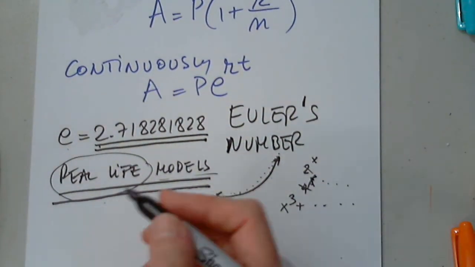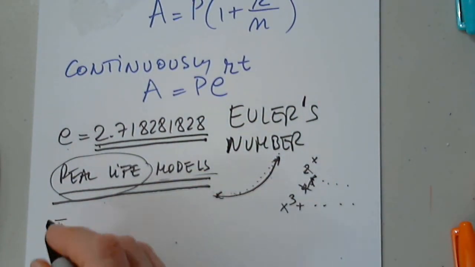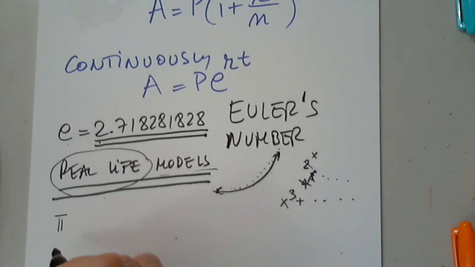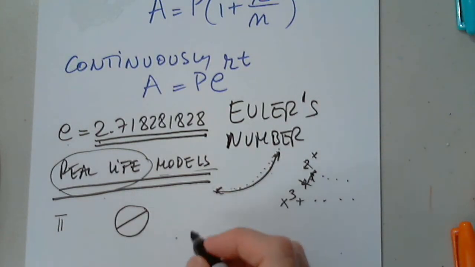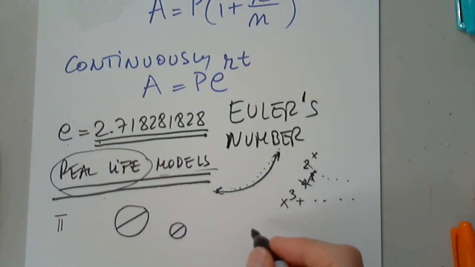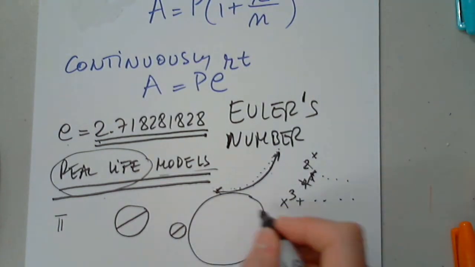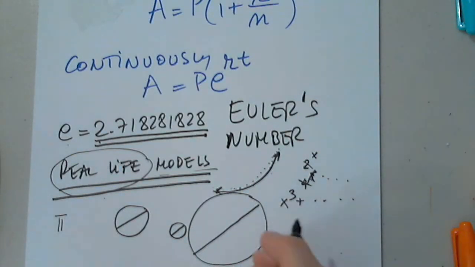So the same idea was with pi. What did they do to discover pi? They took a circle and they measured the circumference and the diameter. They took another circle, they measured the circumference and the diameter. They made another circle, they measured the circumference and the diameter.